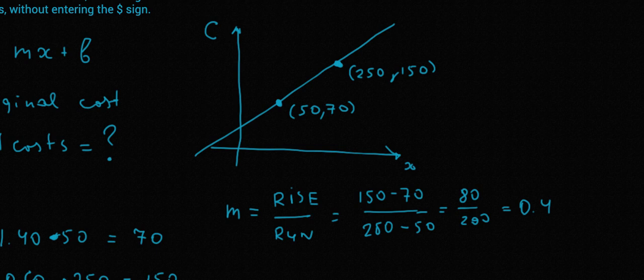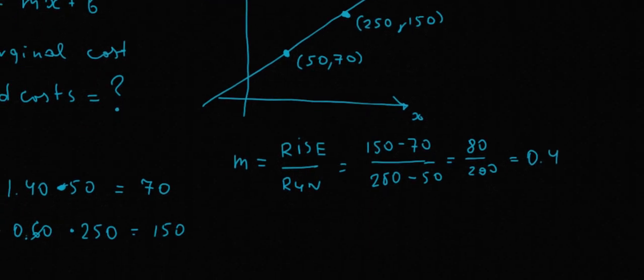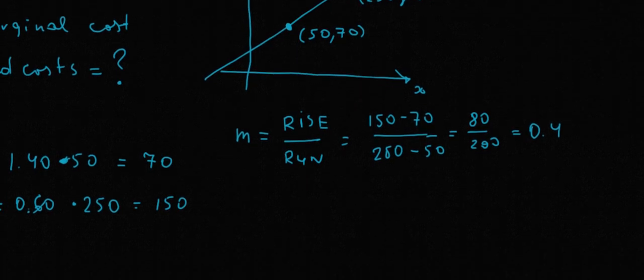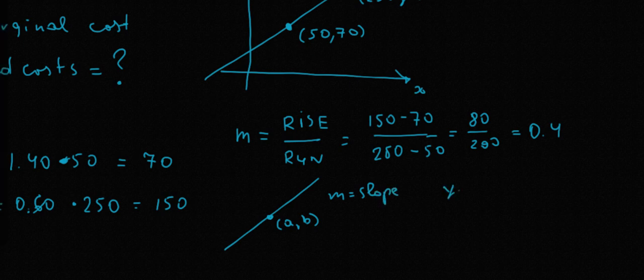And now we can use the point slope form of an equation of a line to write down the equation. Let me remind you what point slope form is. If you have a line and you know the coordinates of one of the points on the line, and you know the slope m, then the equation of the line can be written as follows: y minus the y coordinate of the point, y minus b, equals m times x minus a.